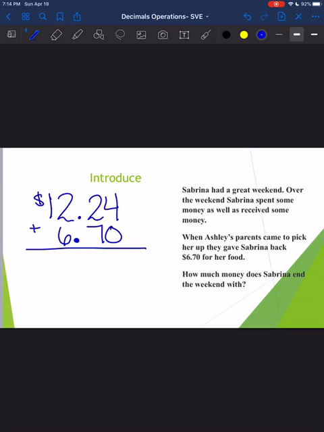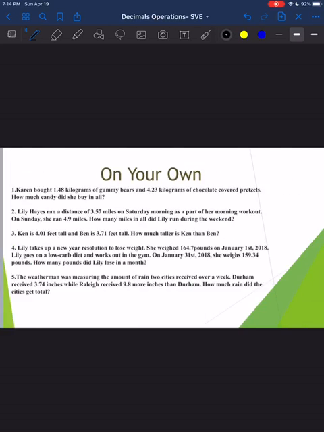So at the end of the weekend, how much money does Sabrina now have left? And Sabrina has $18.94 left over.